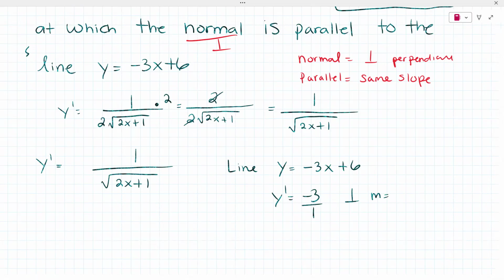What would be the negative reciprocal? It would be negative 1 over 3, right? So remember, normal is perpendicular, or you could think of it as the negative reciprocal.